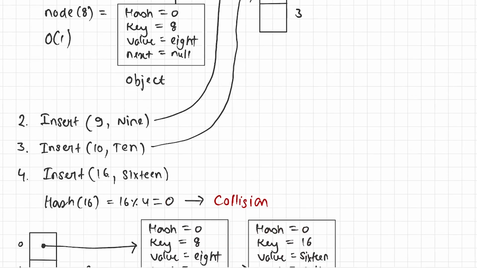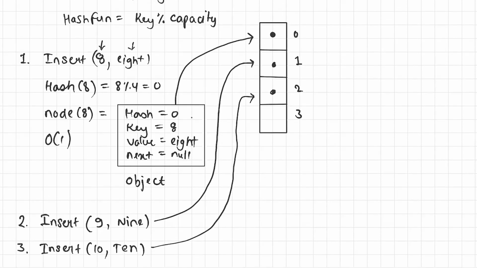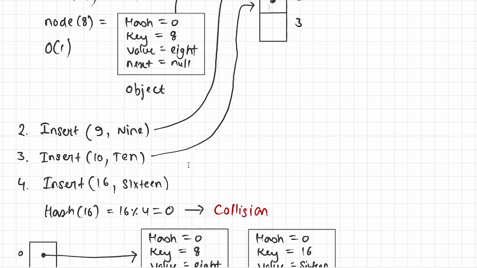So far so clear. Now let's move on and insert the new key value pair, that is 16 and 16. If we compute the hash code of 16 modulus 4, that comes out to be 0. But if you look at this array, we already have one reference at position 0. Now the question is, how are we going to handle this scenario?